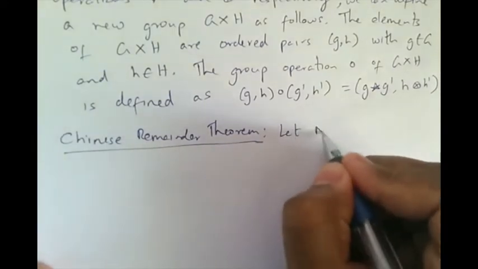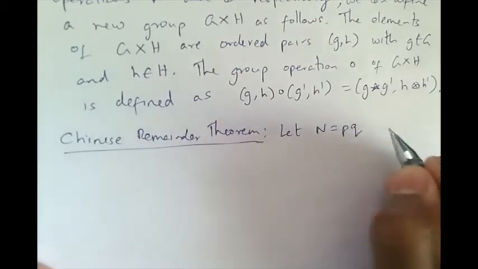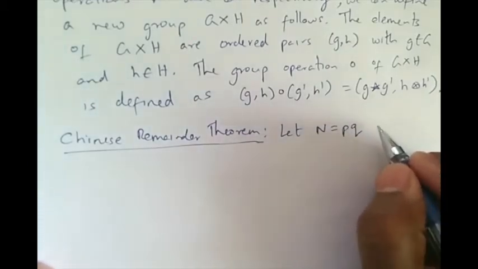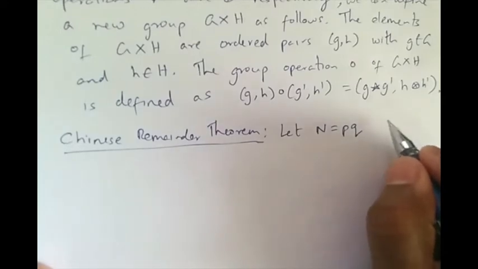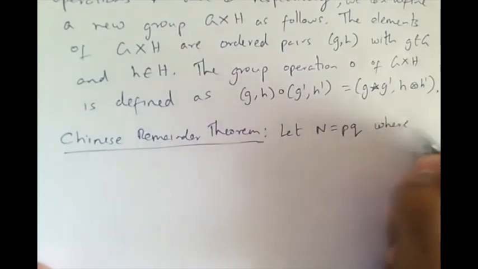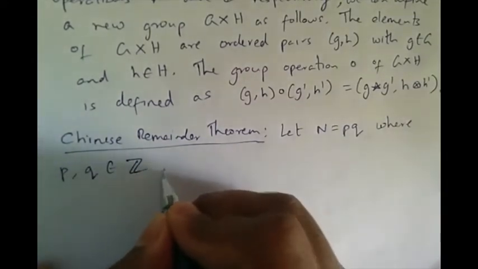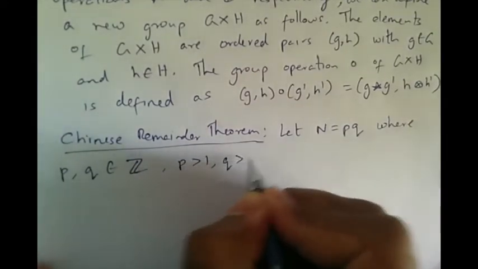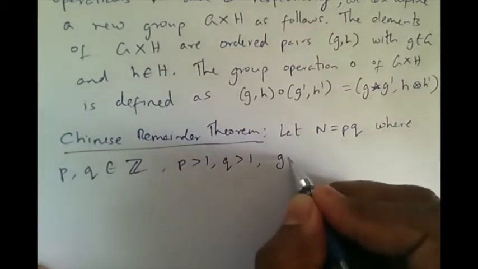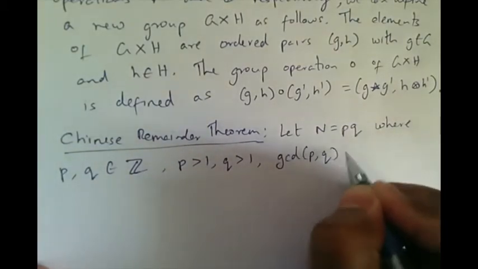Let n equals pq, where p and q are integers, p greater than 1, q greater than 1, and GCD of p and q equals 1.